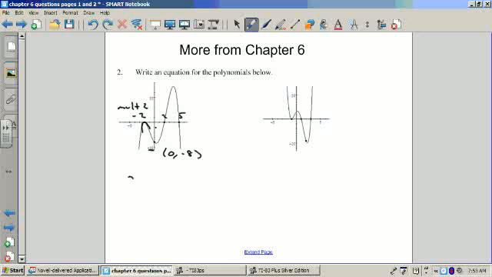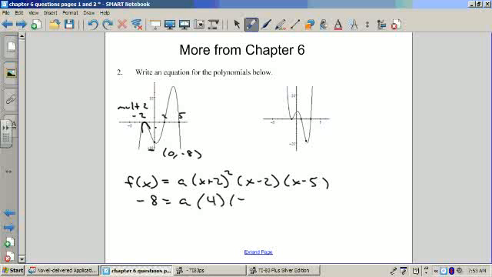Let's put all that together. f of x is equal to some number a times (x plus 2) with a multiplicity of 2, times (x minus 2), times (x minus 5). Plugging in my y-intercept, (0, negative 8), I get negative 8 is equal to a times 0 plus 2 is 2, 2 squared is 4, 0 minus 2 is negative 2, 0 minus 5 is negative 5.